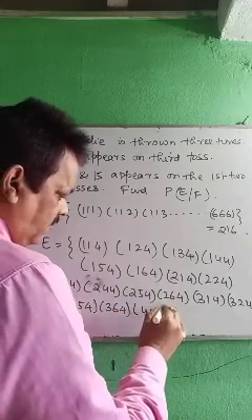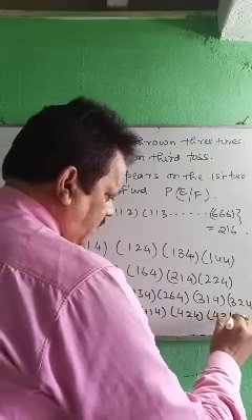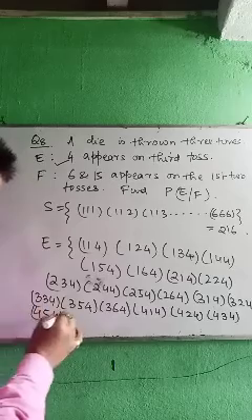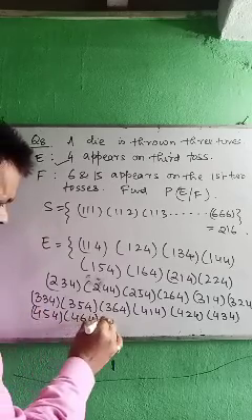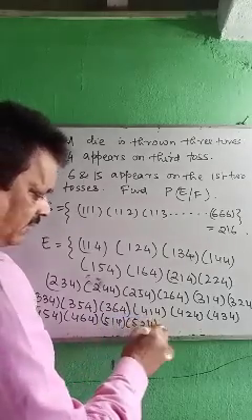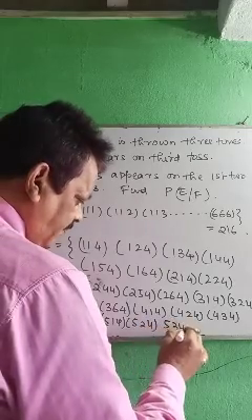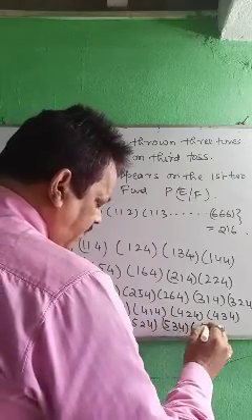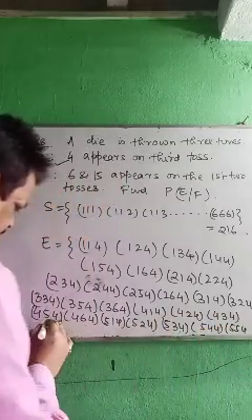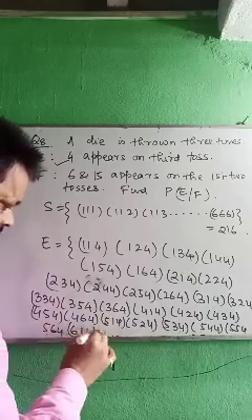4 1 4, 4 2 4, 4 3 4, 4 5 4, 4 6 4, 5 1 4, 5 2 4. I hope you get the sequence. 5 3 4, 5 4 4, 5 5 4, 5 6 4, 6 1 4.